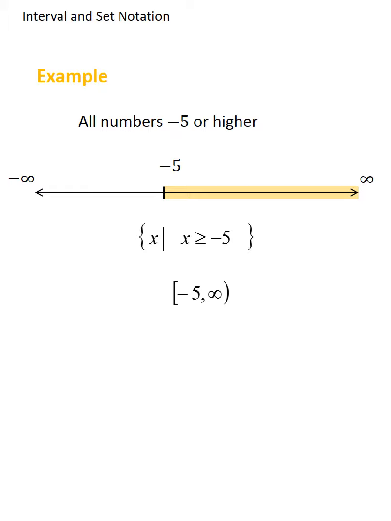Interval notation would be expressed this way: -5 through infinity. I would call it a closed interval from -5 to infinity because it includes its numerical endpoint, -5. Let's remember, infinity is not a number. This wouldn't be called a half-open interval.